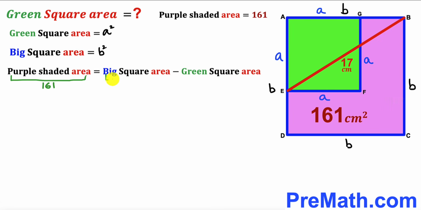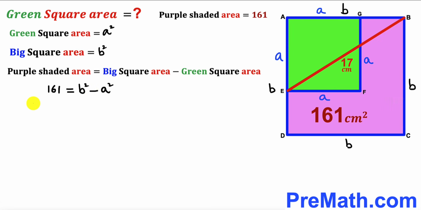The big square area is b squared, so I'm going to replace that with b squared. And finally, the green square area is a squared, so I'm going to replace that with lowercase a squared. Let's fill in the blanks in this equation. We can write 161 equals b squared minus a squared.